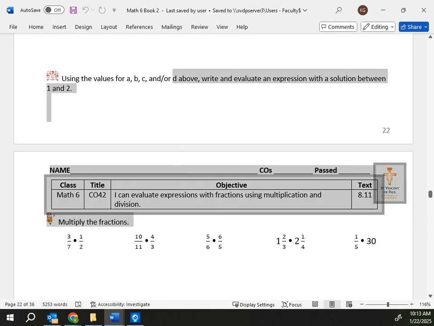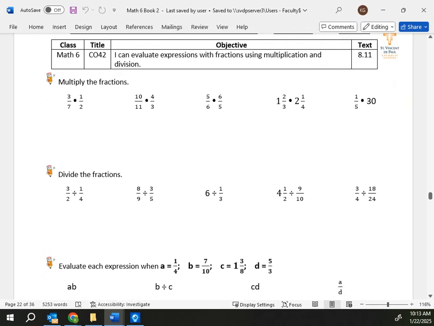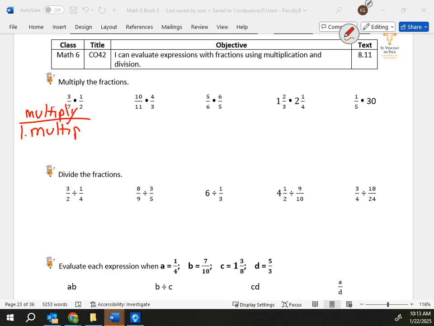CO 42 is our multiplying or dividing those fractions. So if we are multiplying, when we multiply fractions, step 1 is multiply across. Step 2 is simplify.